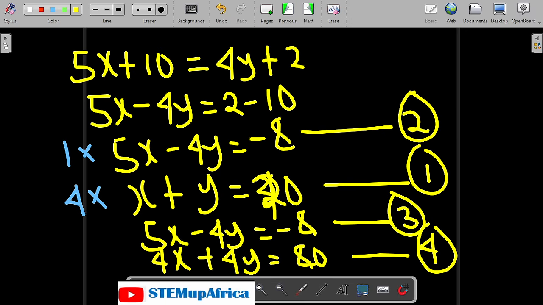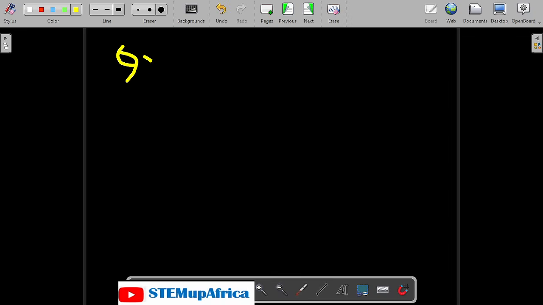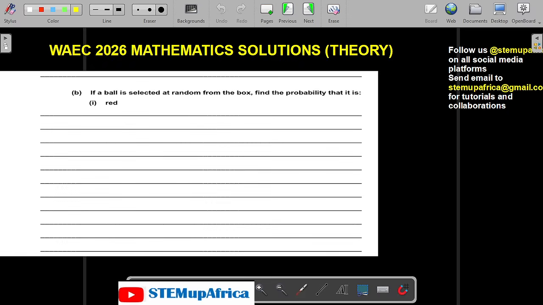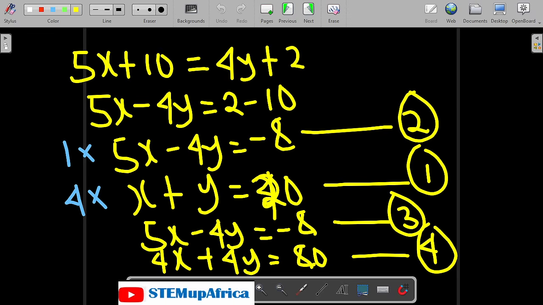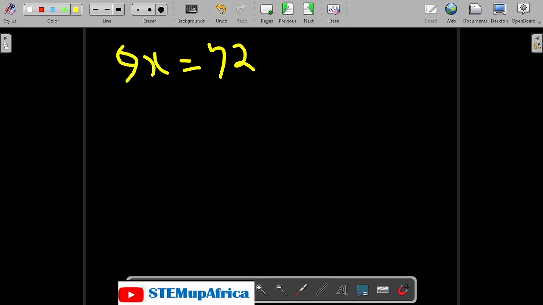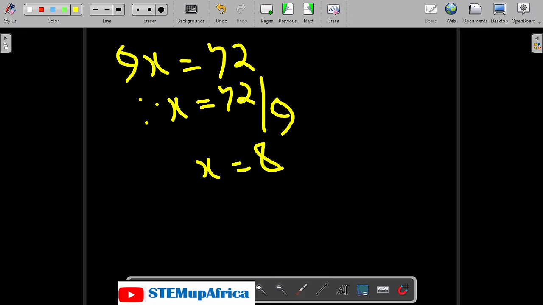If I add up, I'm going to have 9x equals 72. Therefore, my x will simply be 72 over 9. x will give me 8. So if x is 8, let's recall equation 1.